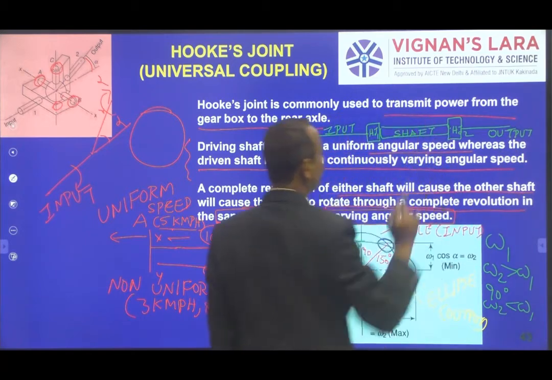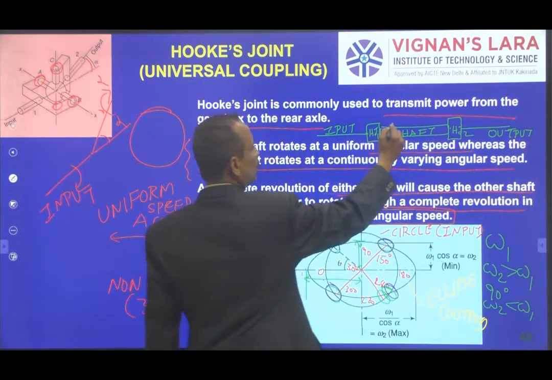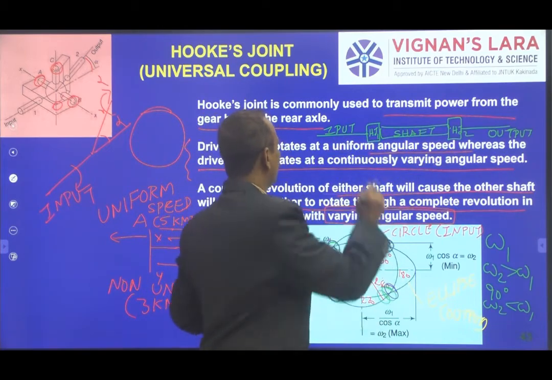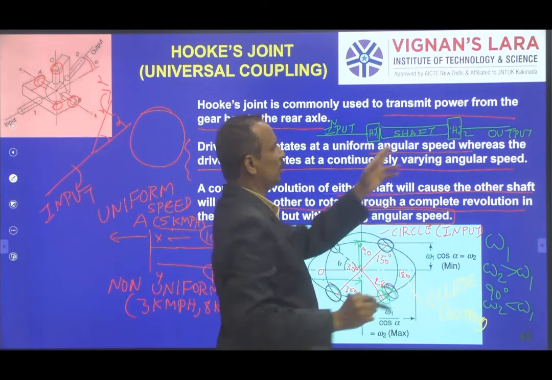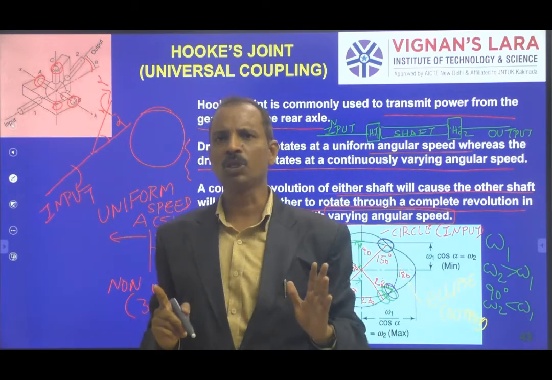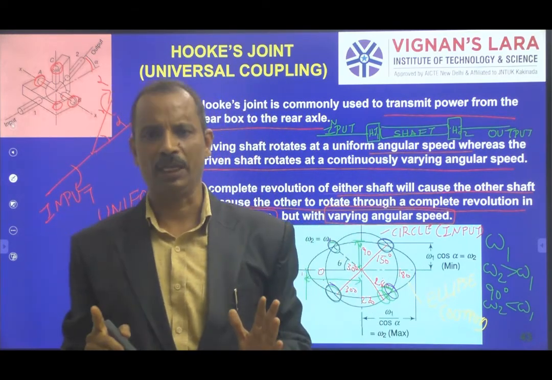An intermediate shaft is used. So input and output are connected by an intermediate shaft with 2 hook joints, hook joint 1 and hook joint 2. That is called a double hook joint.